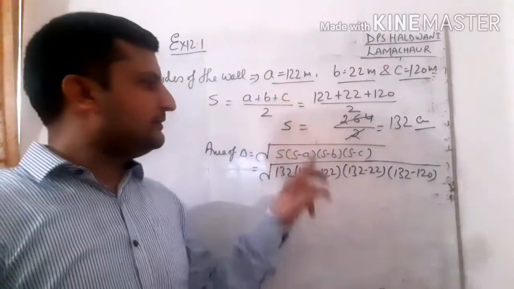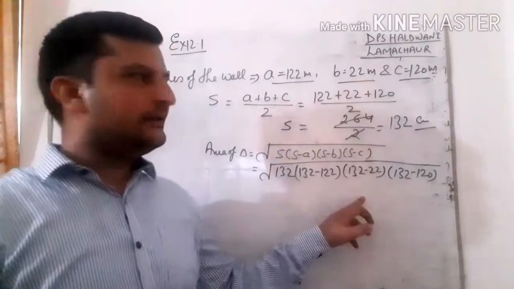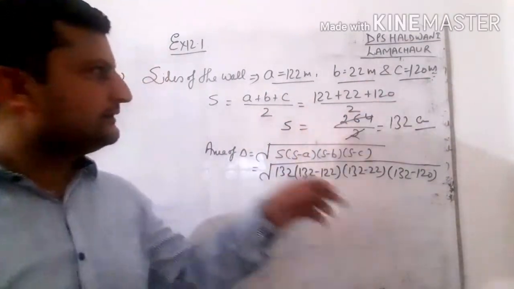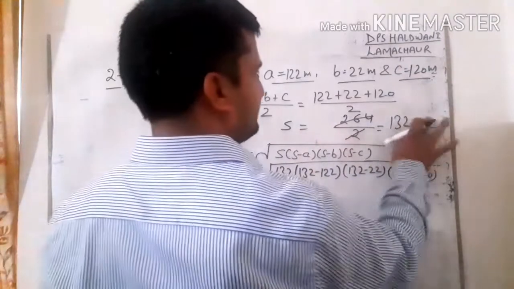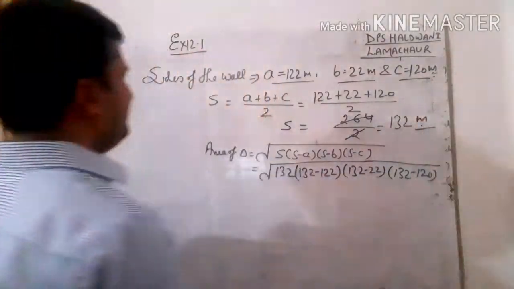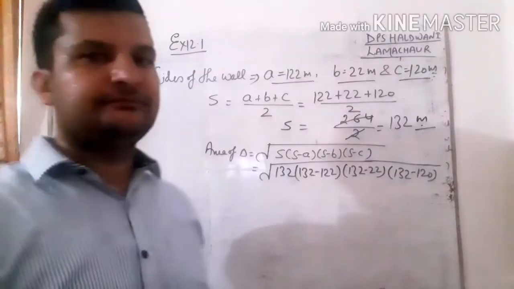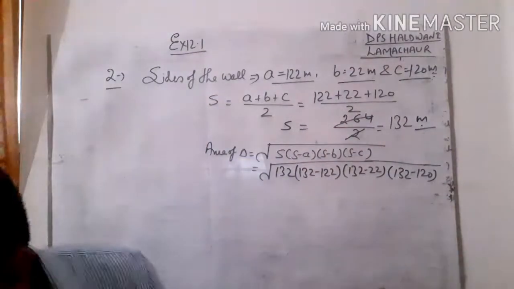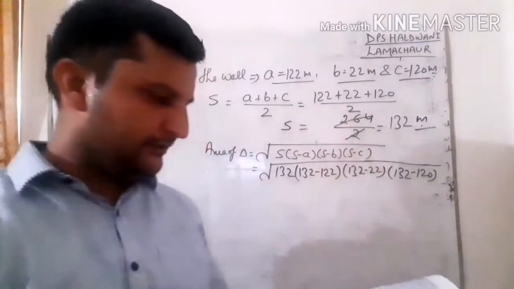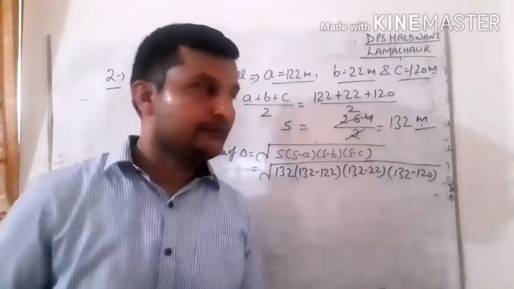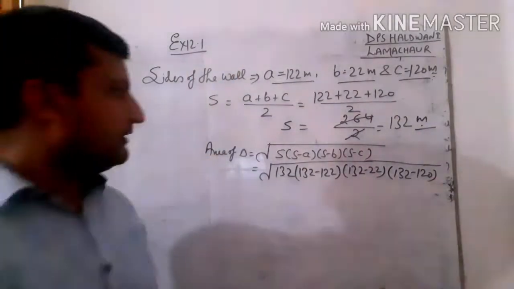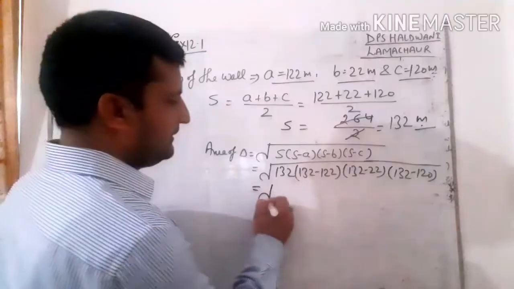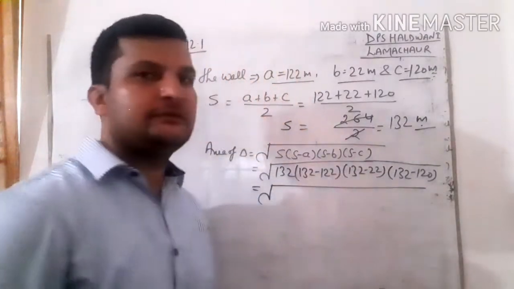Value of A is 122 and B is 22 meter and C is 120. This is also in meter, student, because all sides of the wall are given in meters, so we have to put meter also. So students, now for finding the area, we have to use the square root method.